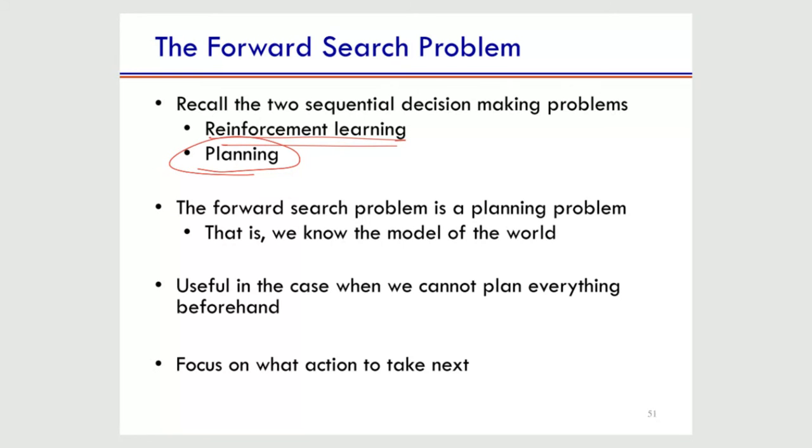And the forward search problem is a specific planning problem where we don't want to solve for pi. Pi is the policy which says in every state what to do. That's not what we want. It's a very simple planning problem where we just want to know in the current state what is the best thing to do. I don't want to know pi, the function which maps every state to an action.